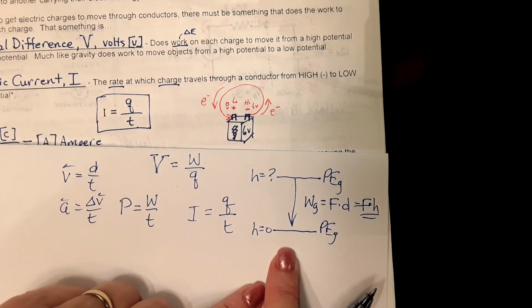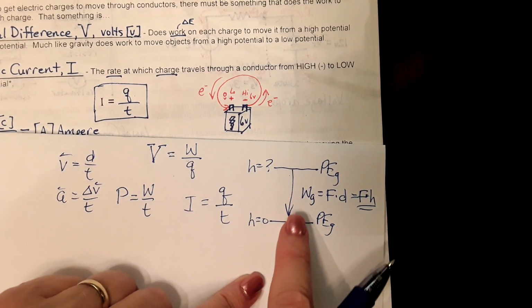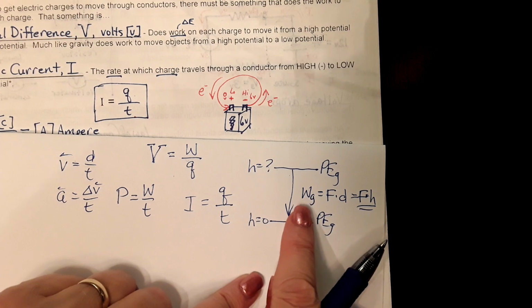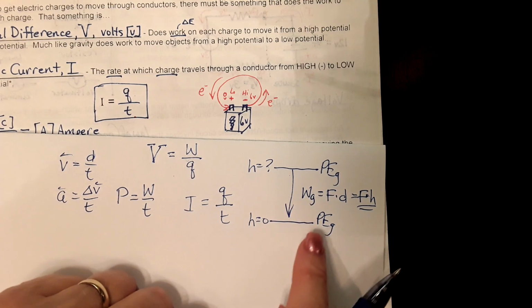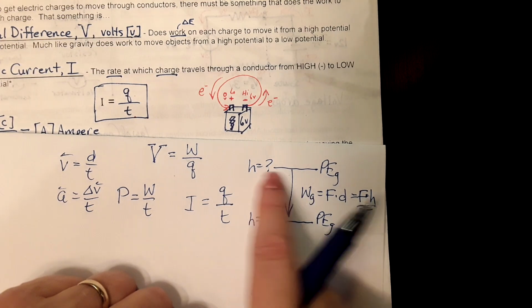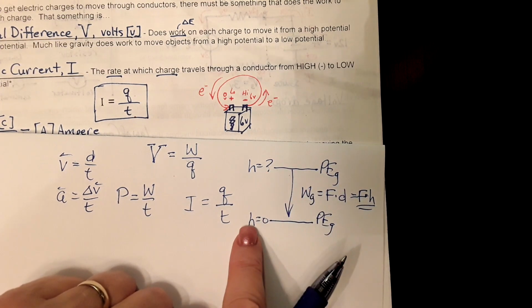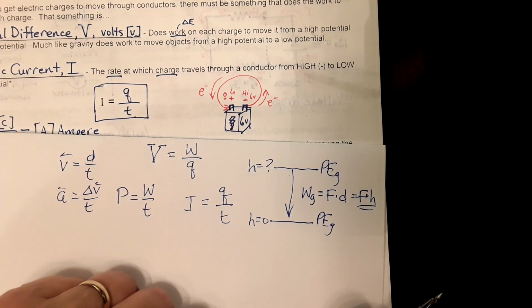Very similar to that, an electric potential difference also does work, electric work, to turn some other form of energy into electric potential energy. And the charges move from an area that has a larger electric potential energy to an area where it has a lower electric potential energy.